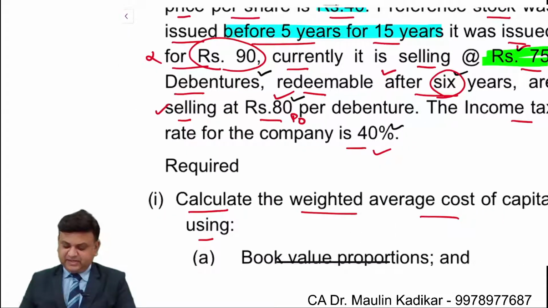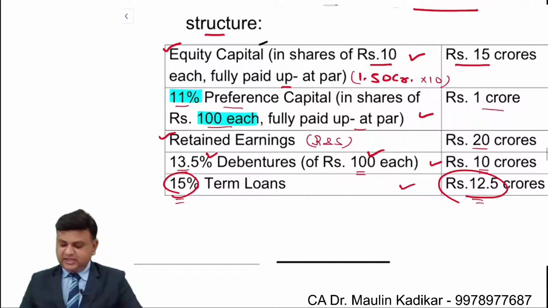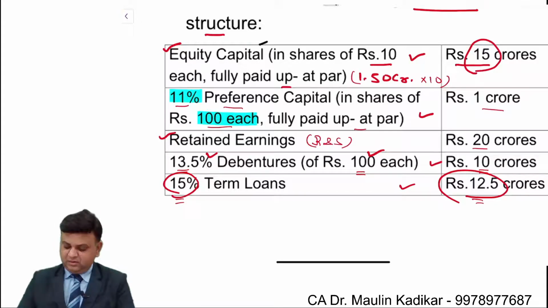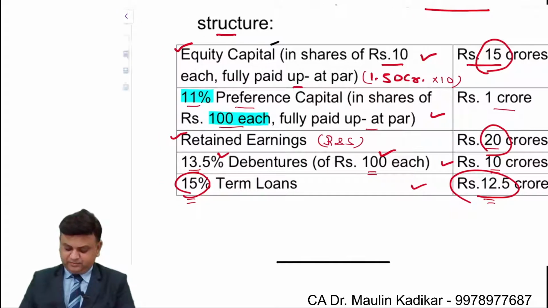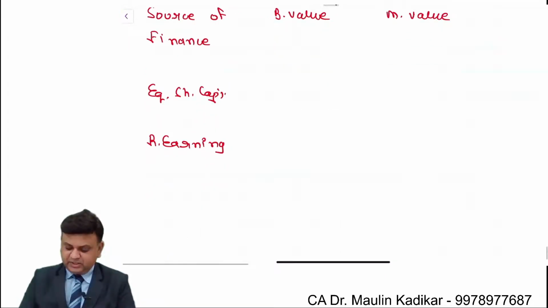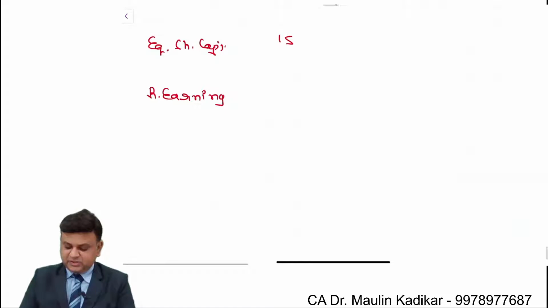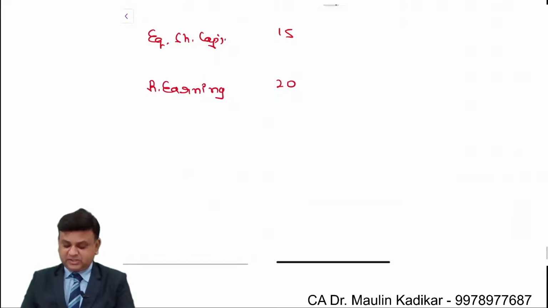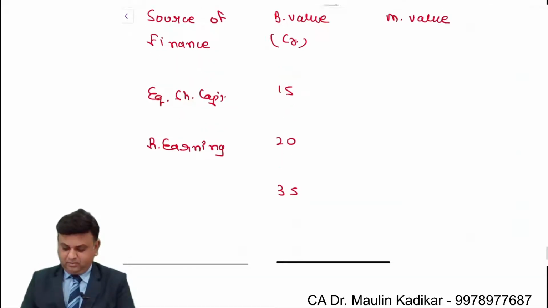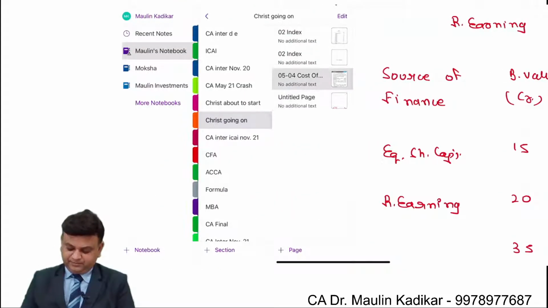As far as the equity financing is concerned, it is 15 crore and retained earning is 20 crore. So over here this is 15 crore, this is 20 crore, so the total is 35 crore. Market value.